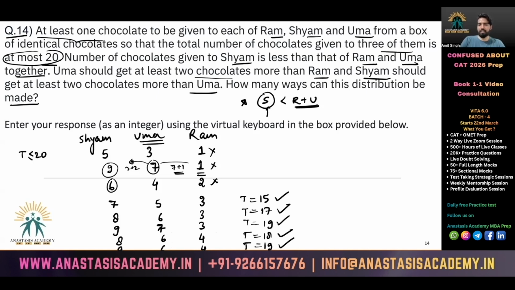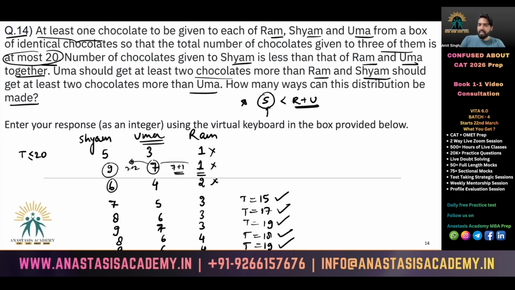Next, I could have 4, 7, and 9. 4 and 7 is 11, and Shyam could have 9. So the total number of chocolates here would be 20, and 9 is less than 11, right?